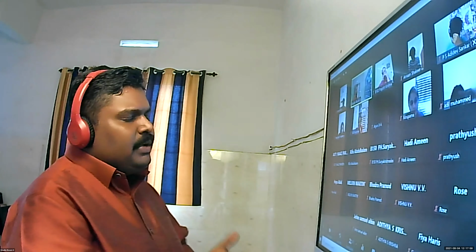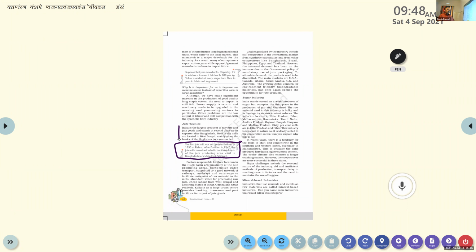Next is an important question, 3 marks. Write down: what are the factors responsible for the location of jute in the Hooghly Basin?